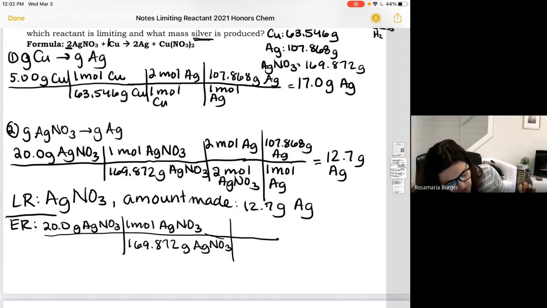Okay, and then our mole ratio, it was 2 to 1. For every 2 moles of silver nitrate, we get 1 mole of copper.